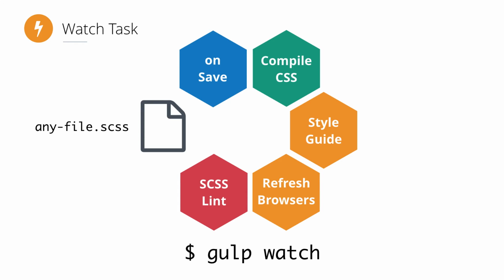So you're not actually waiting for all of these things to finish and then it refreshes the browser. The CSS refreshes the browser and the generate the style guide refreshes the browser. So whichever happens later, it will automatically refresh for you. So Gulp is a really awesome tool.